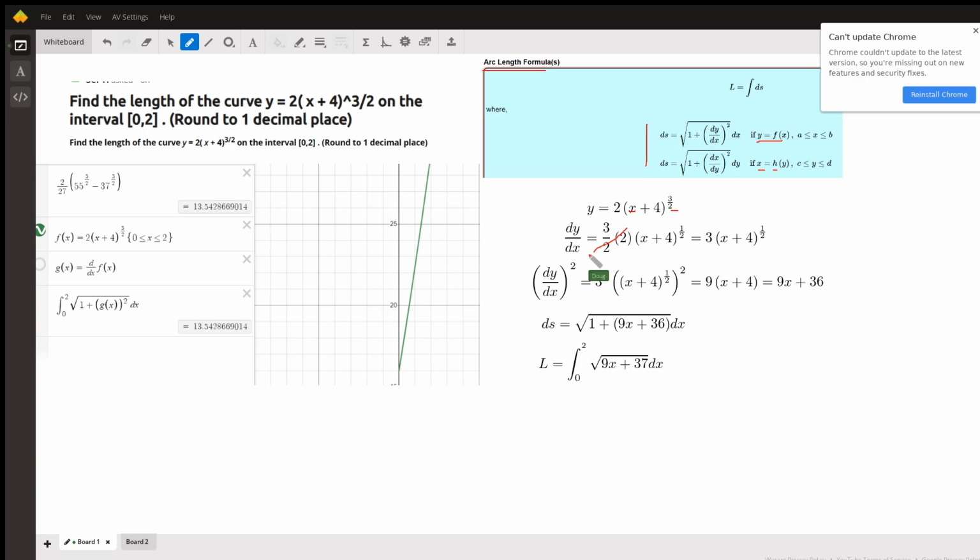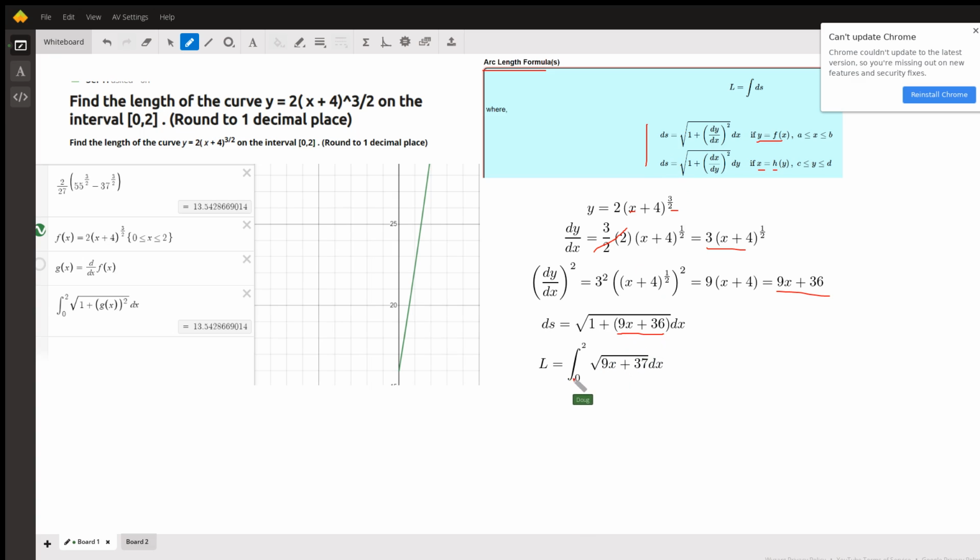But the formula says we want y prime squared. So we'll square each of these factors, 3 squared, and x plus 4 to the 1/2. The quantity squared is just x plus 4. Distribute the 9. There's the first derivative squared.